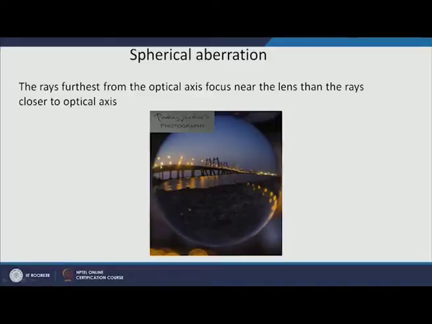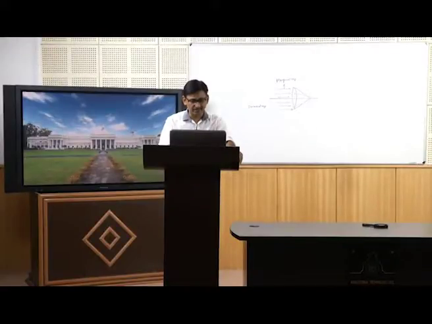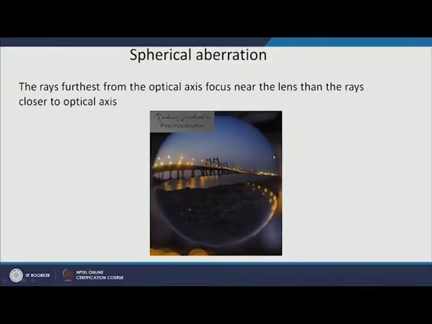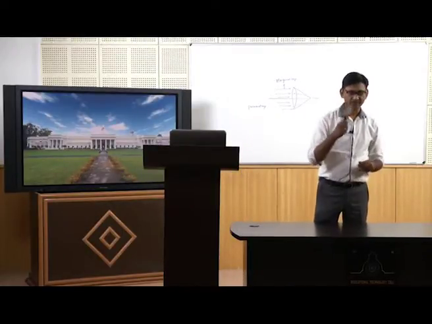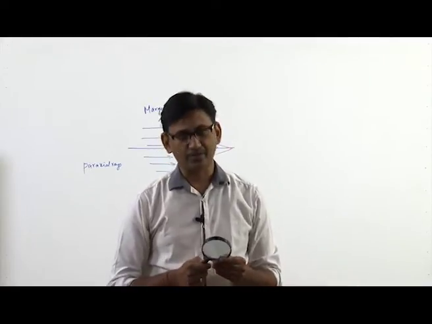Of course, there is some kind of change in the angle also of that particular feature, but the main thing to see here is that when you look at the outer portion, they look out of focus. You can see that in your normal magnifying lens also, which we use at home.